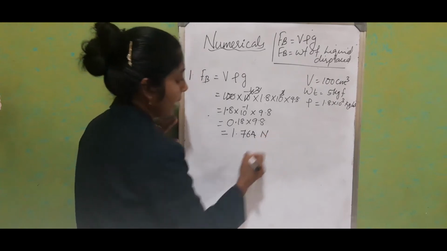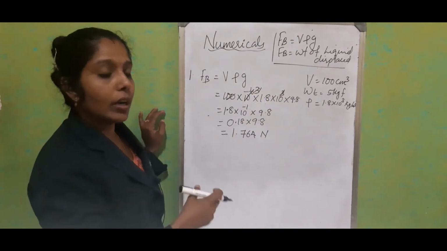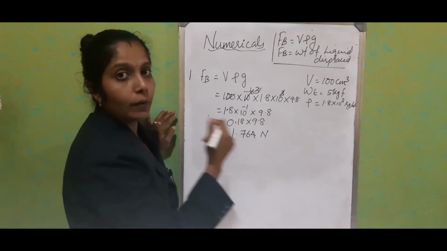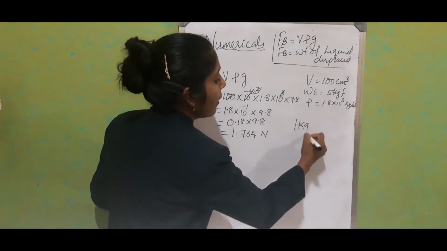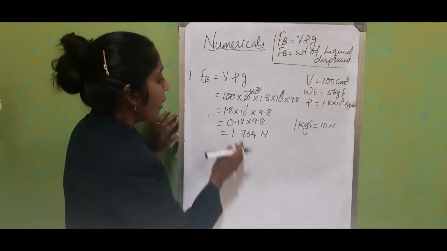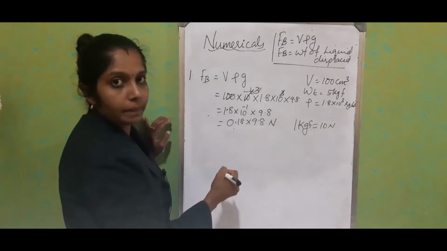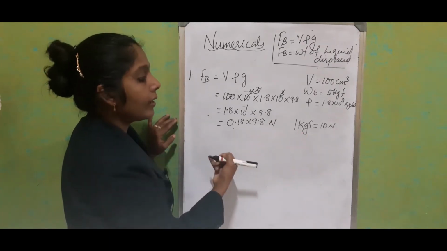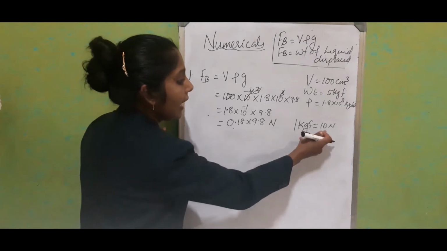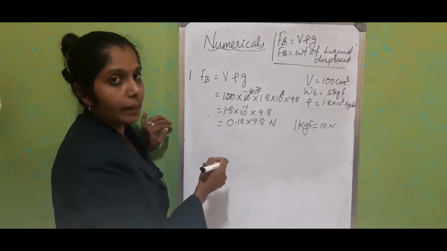So we'll get the value as 1.764 Newton. This is in Newton, but our data are given in kilogram force. So how can we connect kilogram force? 1 kilogram force is equal to 10 Newton. Instead of 10, we will write it as 9.8 because we already used 9.8.